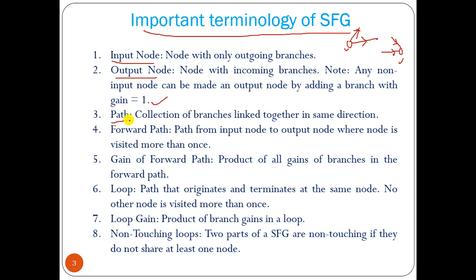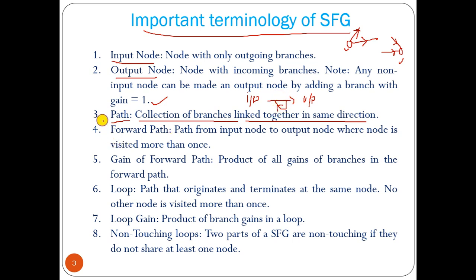Now we have to consider the path. A path is a collection of branches linked together in the same direction. So if we are going from input to output side, that will be the forward path, the path from input to output side. If we have some loop here, that will be a feedback loop.